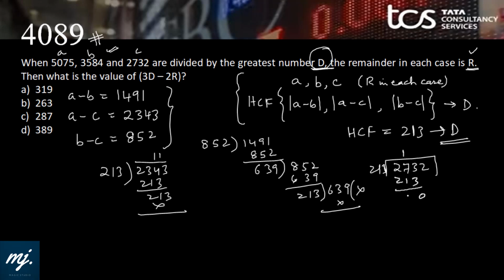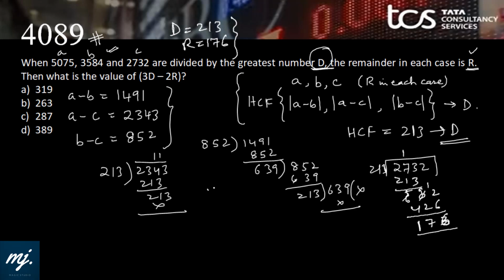Once 213 will get 0, 6, 2, twice is 4, 2, 6, then 5, 9, 12, it would be 3, 7, 12 minus 6 is 6, sorry, and 1. So the remainder is 176. So the value of D is 213 and the remainder is 176.